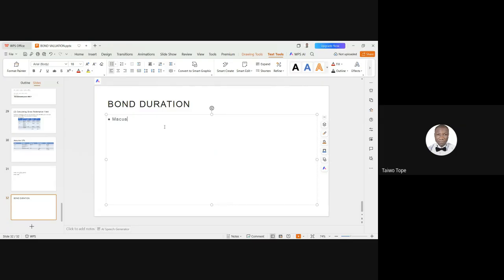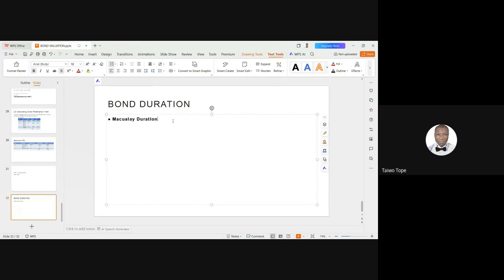This Macaulay is the name of someone, right? You know that the name is associated with the economist who came up with this concept. The Macaulay duration was developed by an economist named Frederick Macaulay.